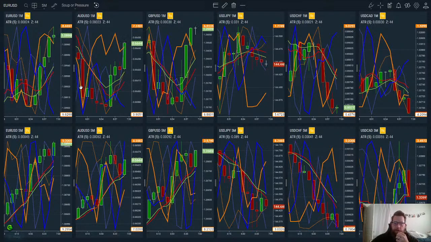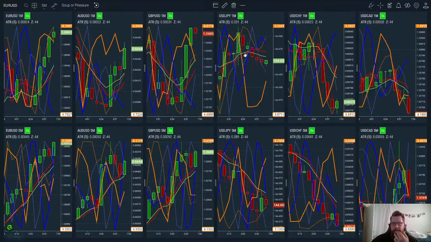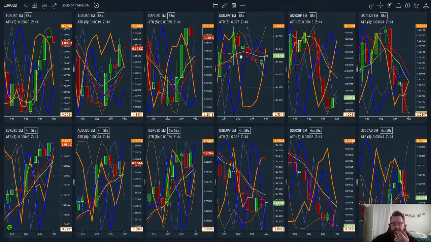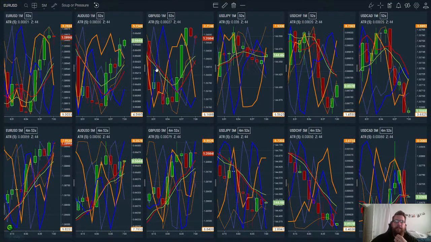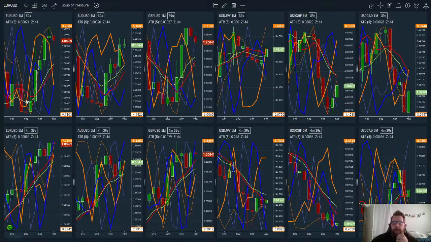Okay, so basically what we're looking for. Ooh, we can go on the yen. Maybe not right at the moment. But basically what we're looking for is how the price action is interacting with the pressure, which is this indicator right here, the green and red lines.